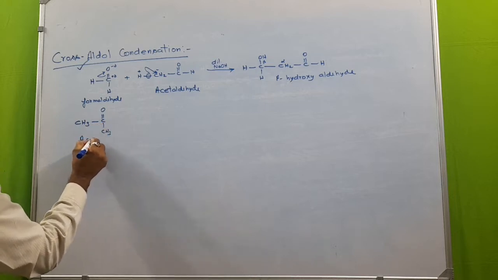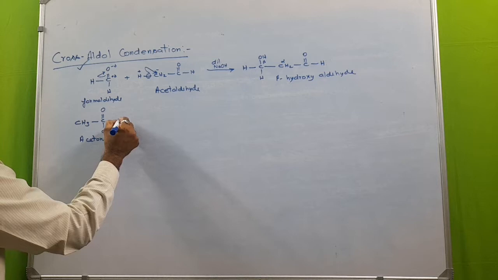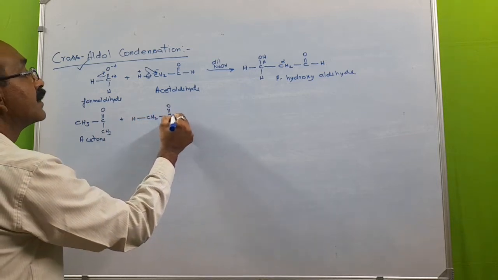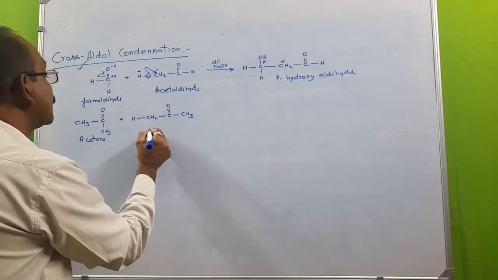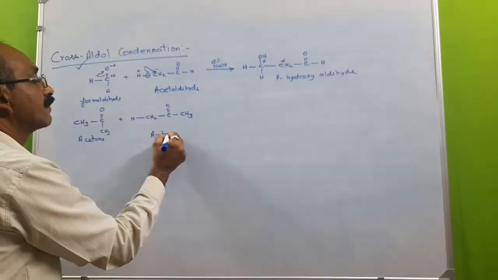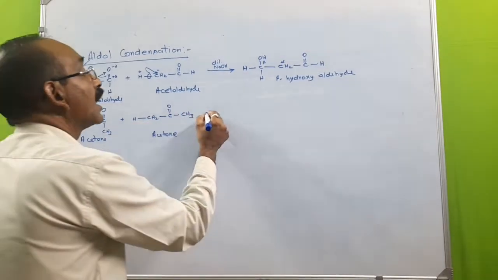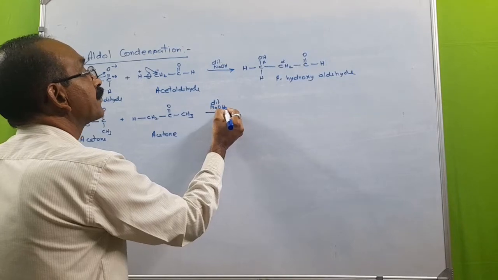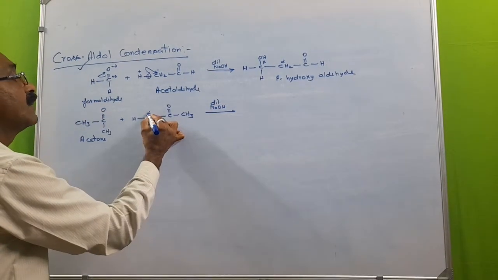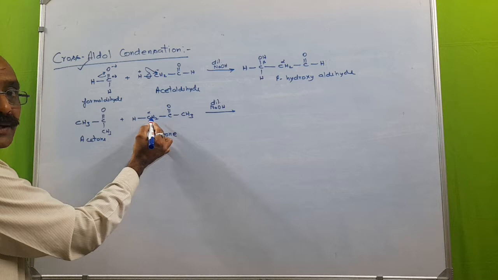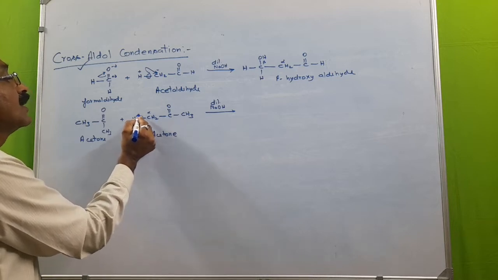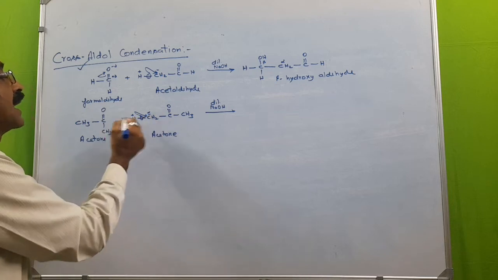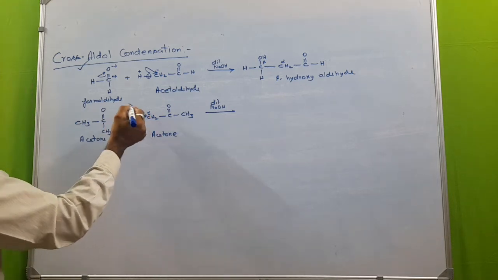Let this be acetone, and the other molecule which is going to condense with it is also acetone, and now they are treated with dilute alkali. This is the alpha carbon and the hydrogens linked over it are alpha hydrogens. So the two electrons will shift over this. Hydrogen comes out as H plus and carbon will acquire a negative charge.